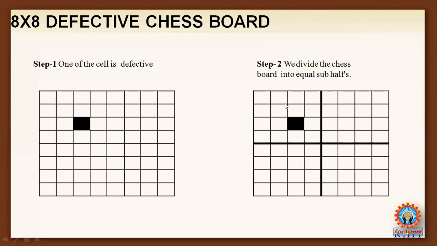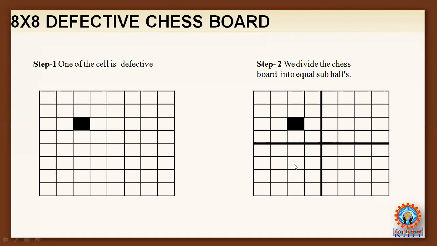If you take it here, a 4 by 4 chessboard is generated. Here also a 4 by 4 chessboard. So four chessboards are generated here. Now, if you observe, this is a 4 by 4 chessboard, this is another 4 by 4 chessboard, this is also a 4 by 4 chessboard, and this is also a 4 by 4 chessboard. But only this 4 by 4 chessboard has the defective square. The rest of the 3 chessboards do not have a defective cell.